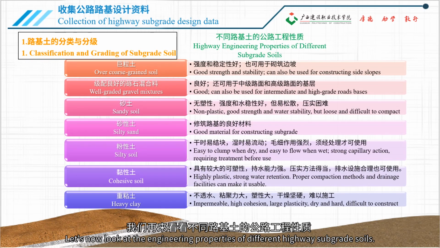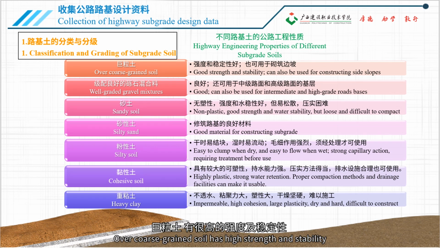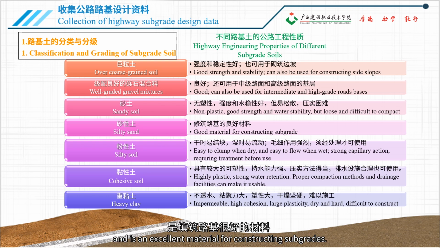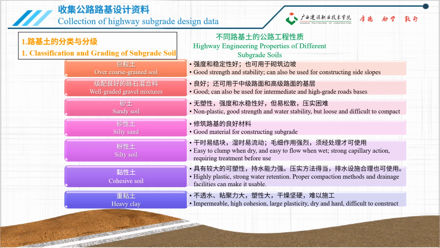Let's now look at the engineering properties of different highway subgrade soils. Over coarse-grained soil has high strength and stability and is an excellent material for constructing subgrades. Well-graded gravel mixtures with good compaction density and engineering properties can also be used for intermediate and high-class pavement bases.